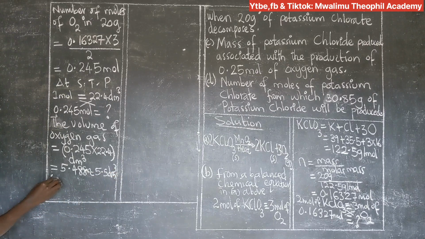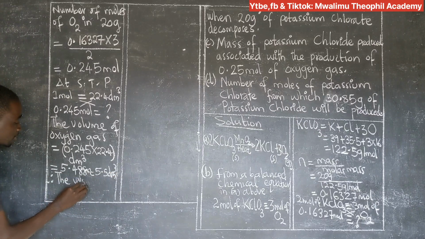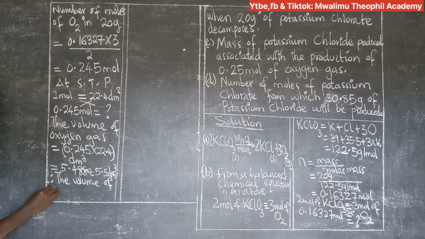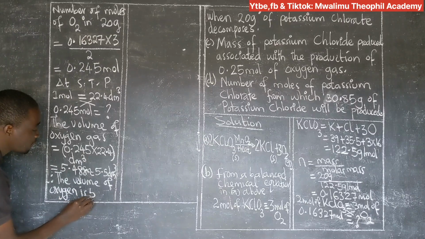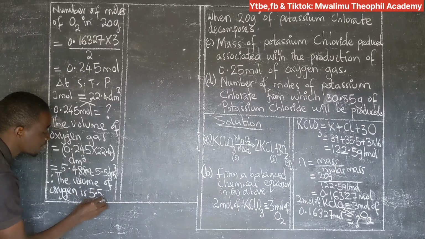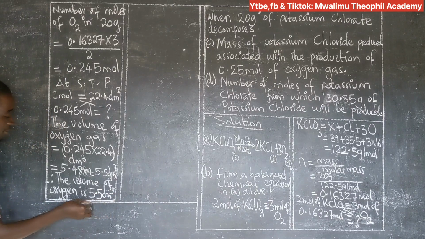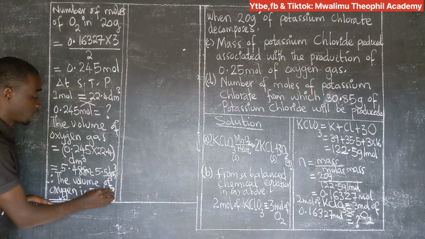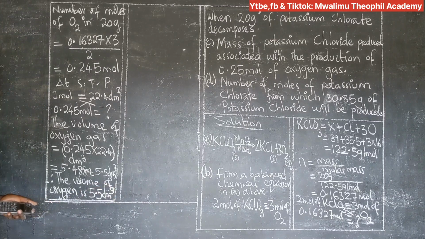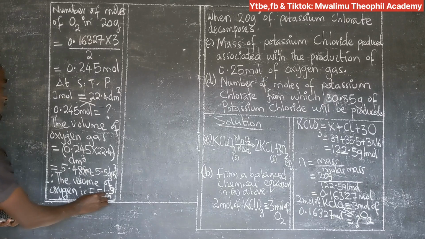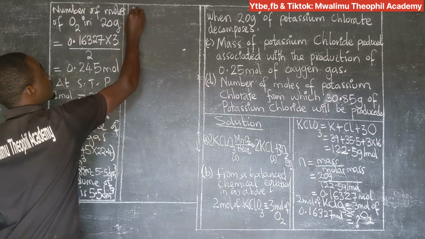Now the volume of oxygen is 5.5 decimeter cubic. This is the answer. 5.5 decimeter cubic will be the volume of oxygen gas liberated when 20 grams of potassium chlorate is decomposed. After that, let's go to the solution of part C.